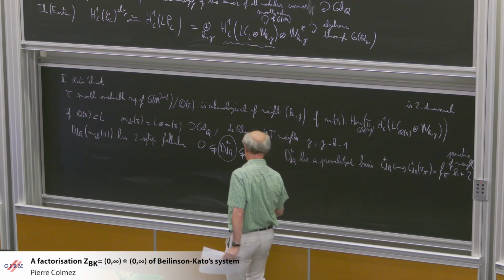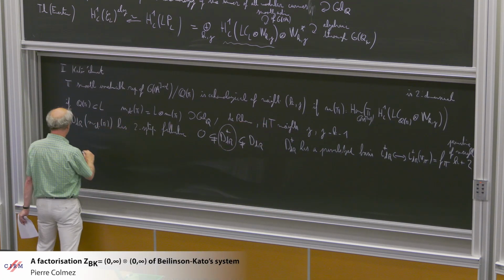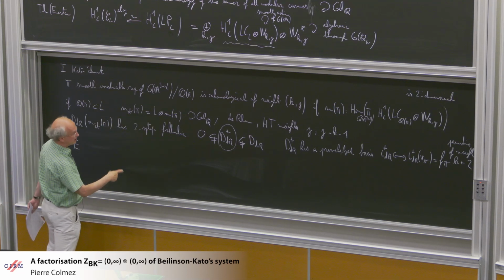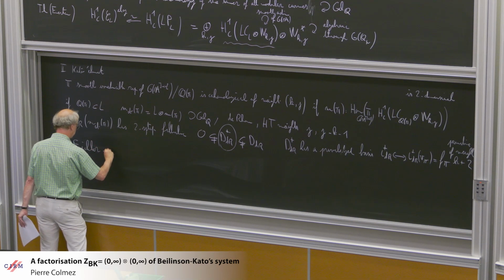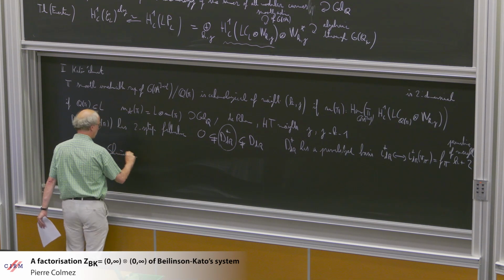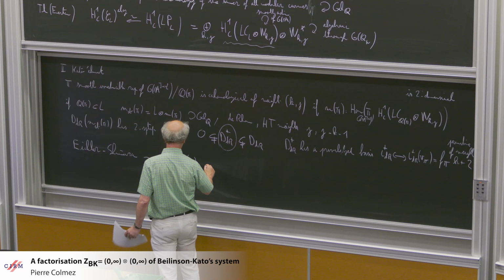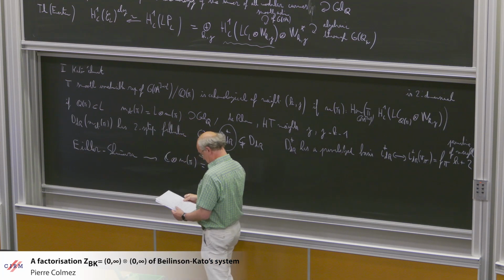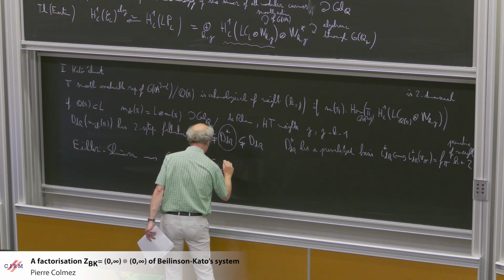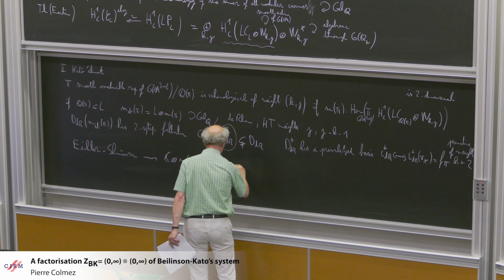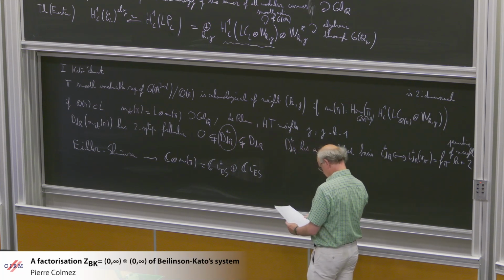And also, by the Eichler-Shimura isomorphism, you have a decomposition of M of pi when you extend the scalars to C. You can decompose it as a sum of two spaces.